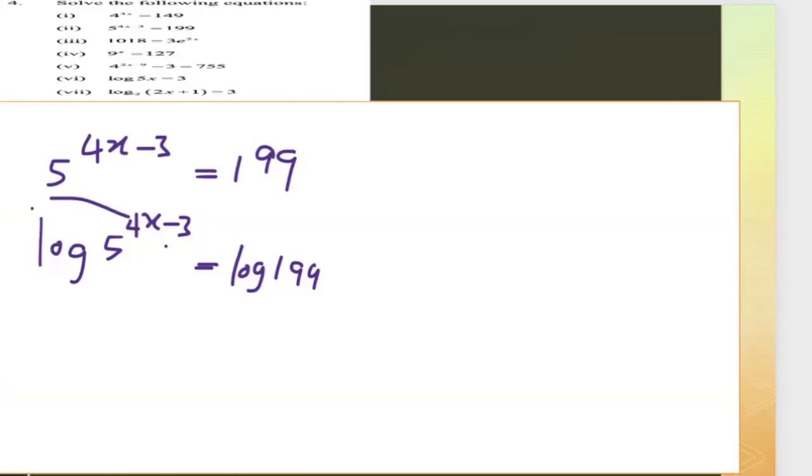And then you carry the power in front. So you have 4x minus 3 that you carry in front, and then you have log 5 equal log 199.